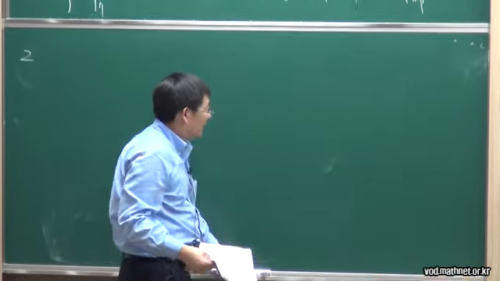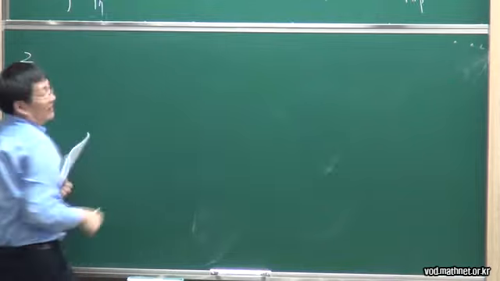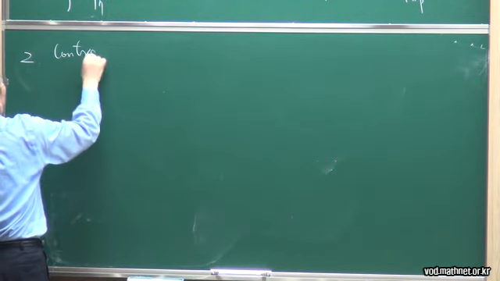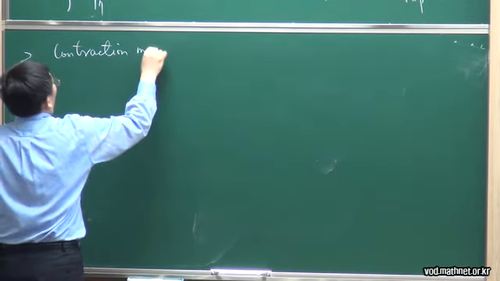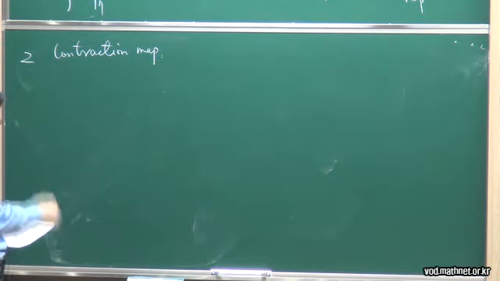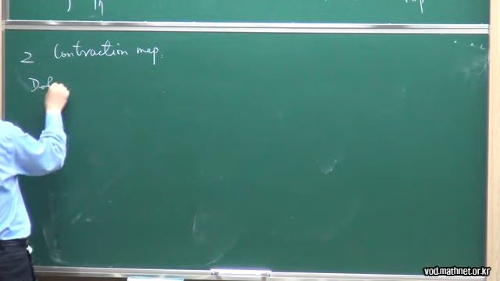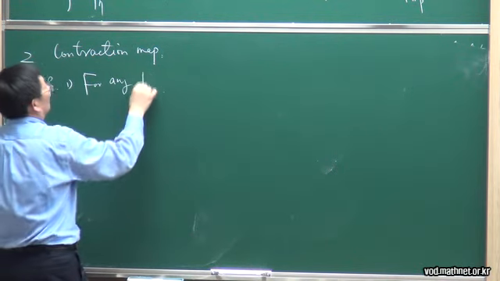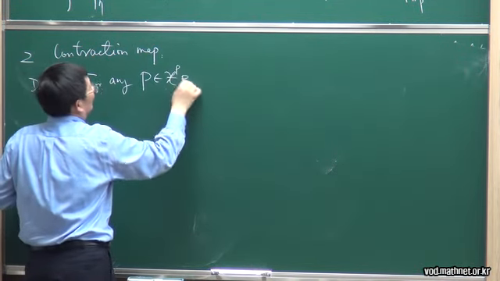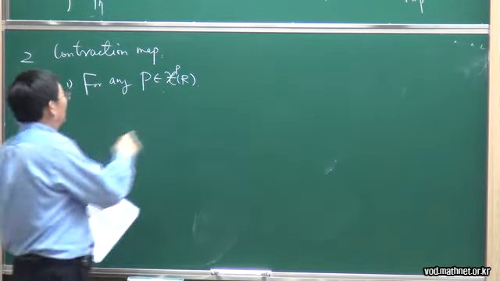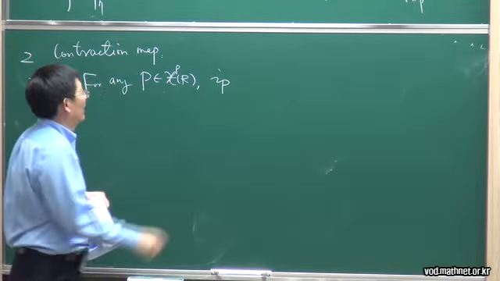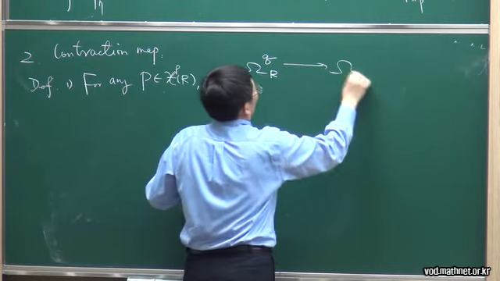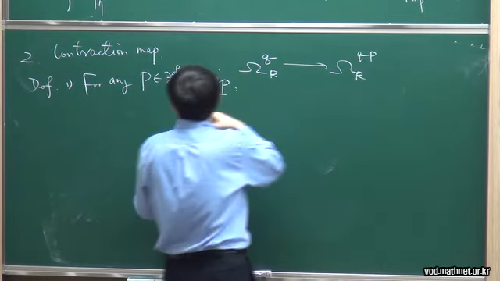So then the next thing I will define is the deck P. How to define deck P? I need a so-called contraction map. For any P derivations, then I can define an IP from the Q forms to Q minus P forms.